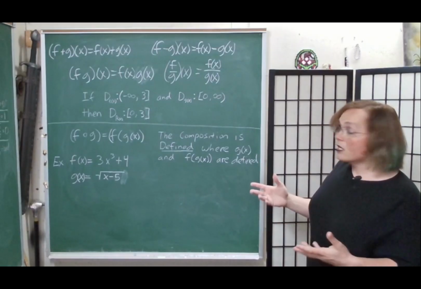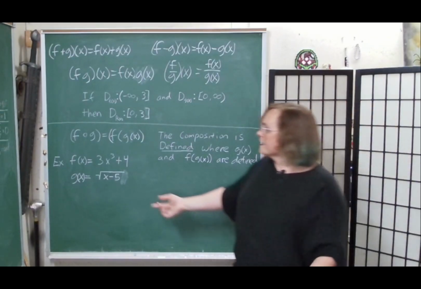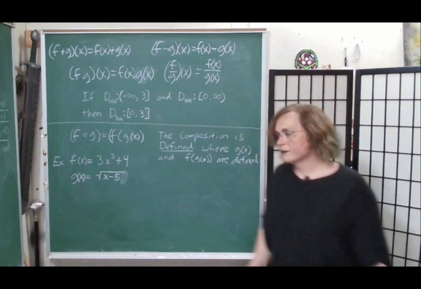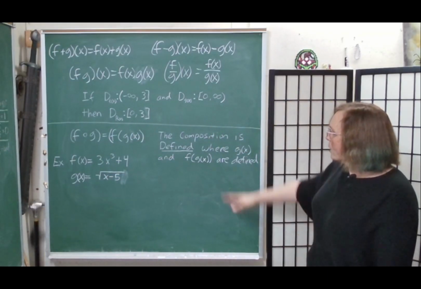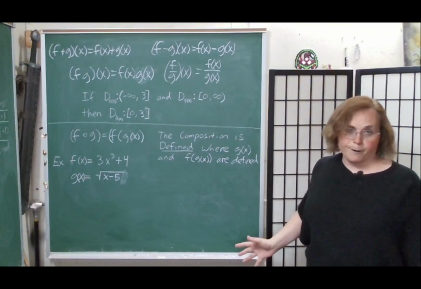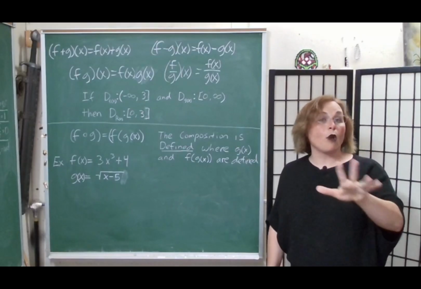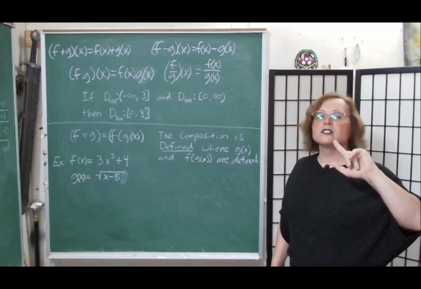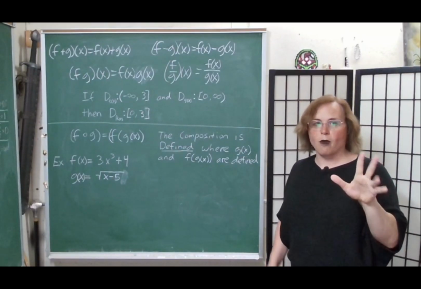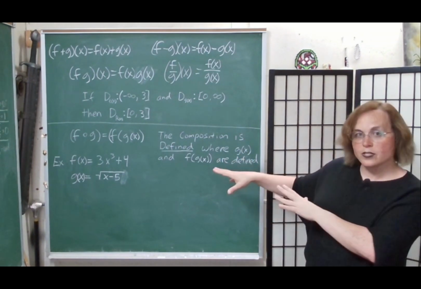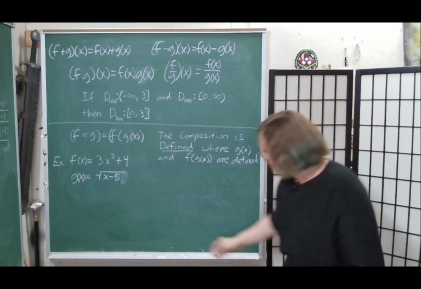And we're just going to go ahead and compose these functions exactly how I have it up here. We're going to take g of x and stick it into f of x, and then we're going to look at what the domain of that function would be. And then once we're done doing this, I'm actually going to leave you with a couple of problems to try, and I'm going to leave the answers to those problems at the end of the outro. So let's go ahead and do this one, and then we'll be done.